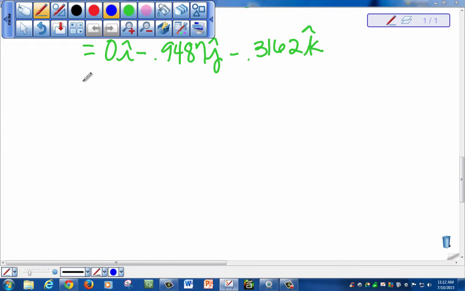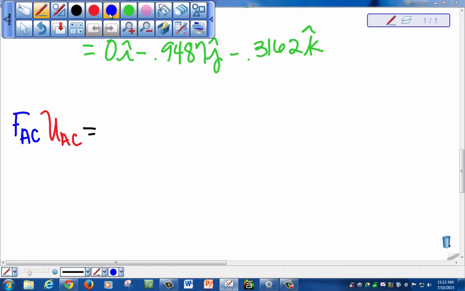Okay. So now, after we get these two, we're going to move on to step 4. What we need to do is multiply force AC with the unit vector AC. And that is not any different than regular multiplication.